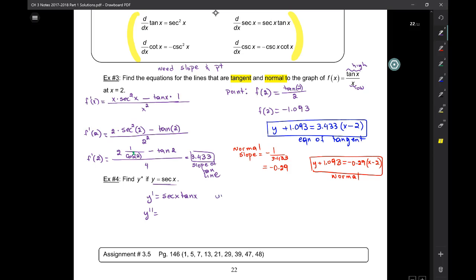So that's going to be u v prime plus u prime times v. So that's going to be secant times tangent x, the derivative of tangent x, which is secant squared x, plus u prime, the derivative of secant, which is secant x tangent x, times v tangent x.